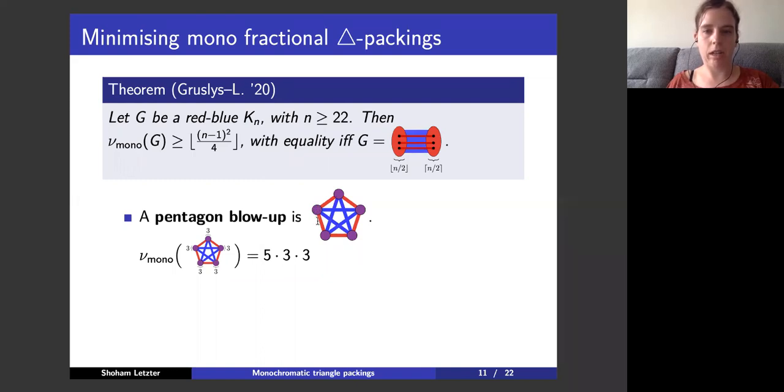And it turns out that you can cover all of the edges in the blobs with triangles that have exactly one edge in the blob, so the packing number works out to be the number of edges inside, which is 5 times 3 times 3, because we have the scaling. And the point of this was that this is lower than the bound that we claimed in the theorem. So this shows that the theorem does not hold for n equals 15.